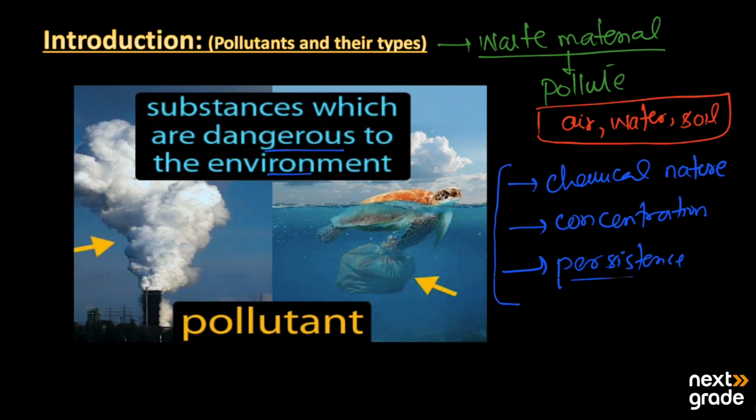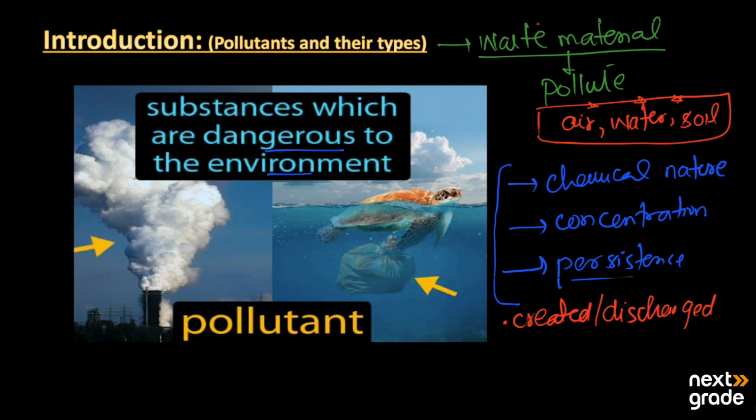These pollutants may be created or discharged into the environment depending upon the activities of human beings. So, when our environment, including air, water, and soil, is endangered by waste material, that waste is simply known as pollutants.